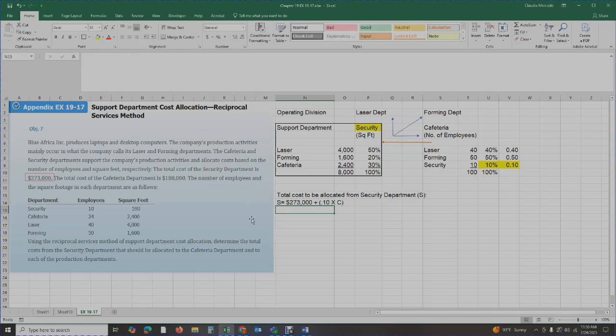Now we are going to get the total cost to be allocated from the cafeteria department.